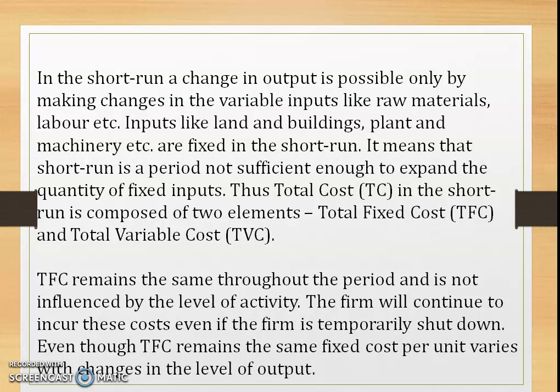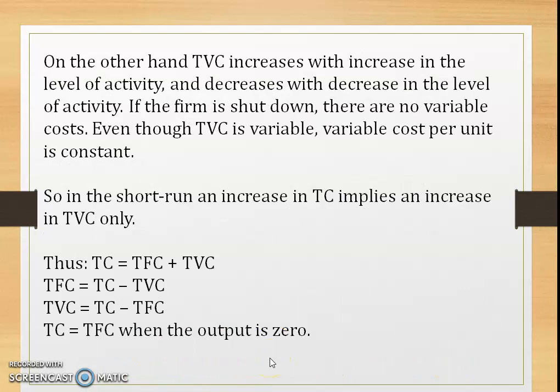So as far as the short run cost function is concerned, the total fixed cost remains unchanged. The firm will continue to incur this cost even if the firm is temporarily shut down. Even though total fixed cost remains the same, fixed cost per unit varies with changes in the level of output.